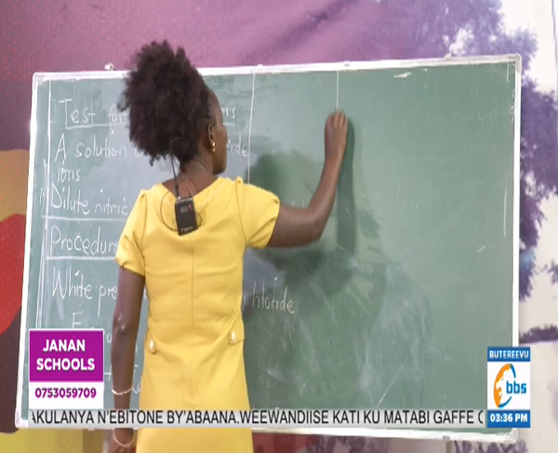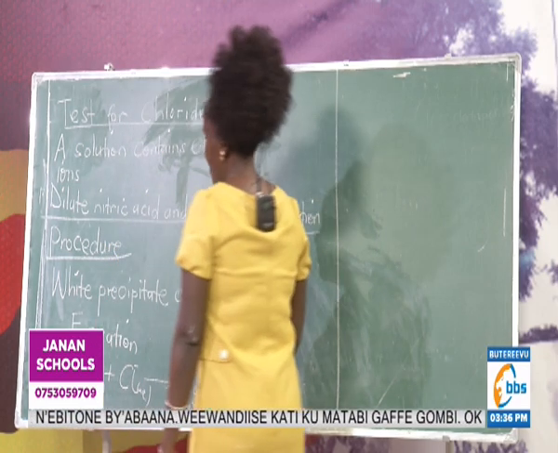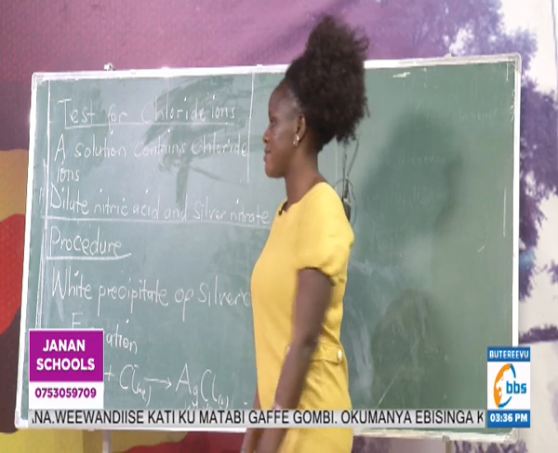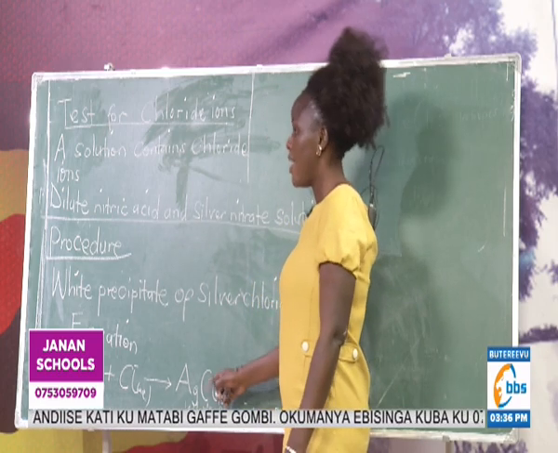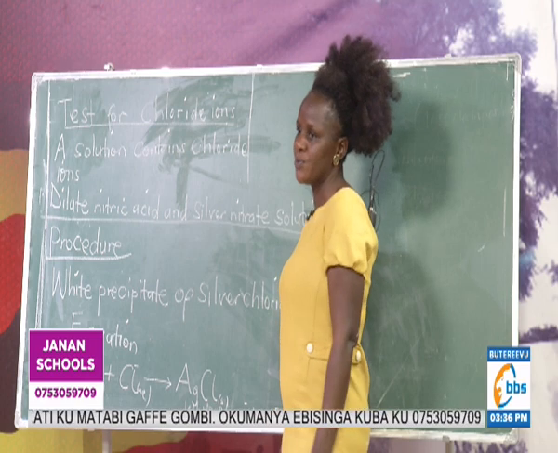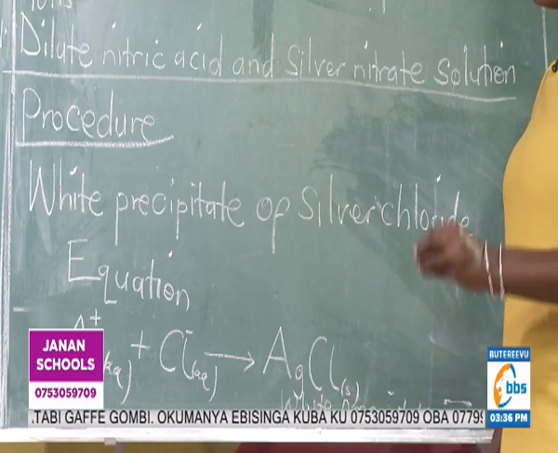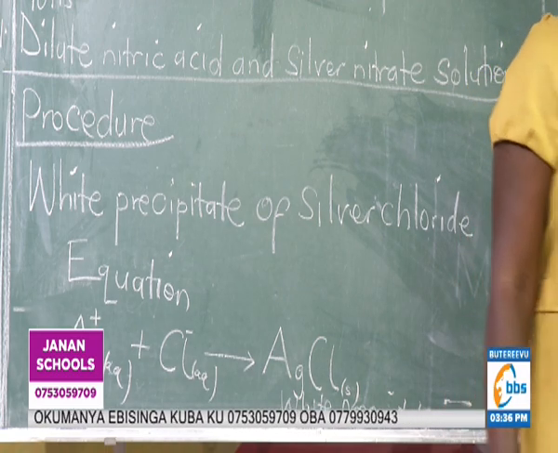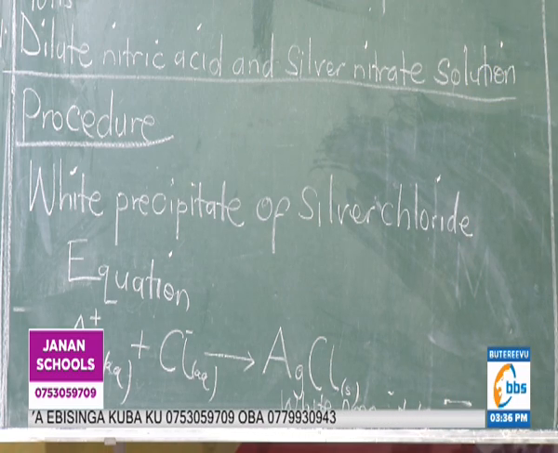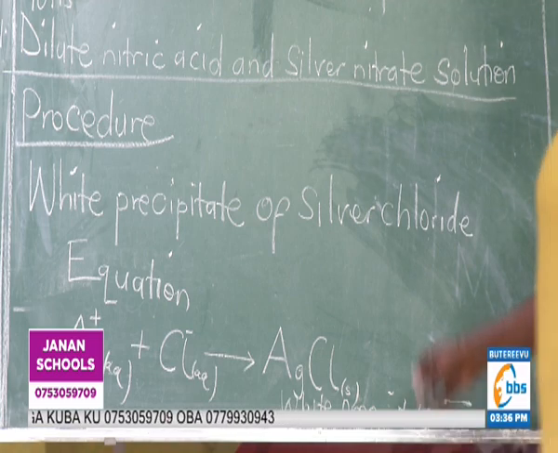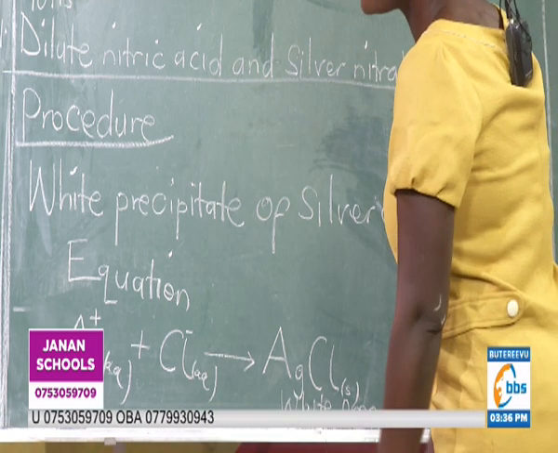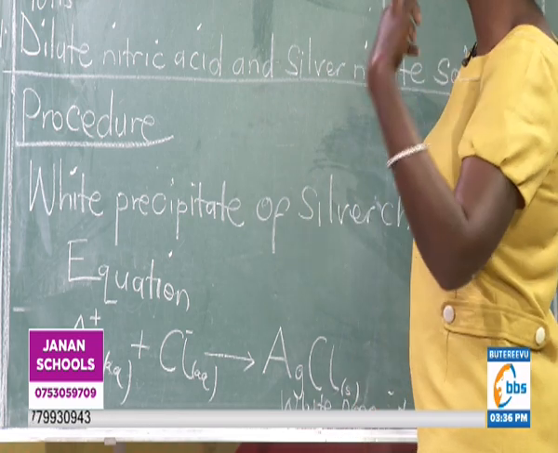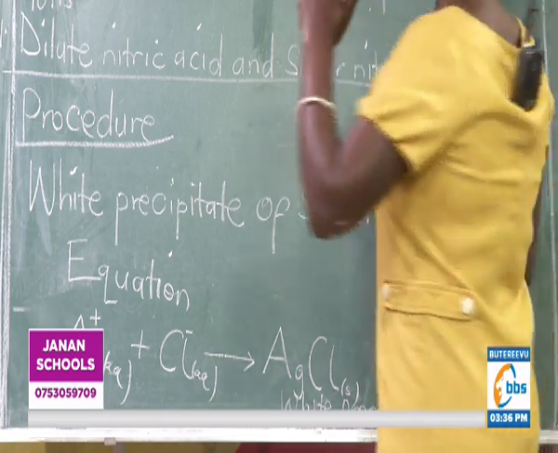Sometimes they may go further, that after you formed the white precipitate, they will tell you add drop-wise until in excess ammonia solution. And once you formed the white precipitate, but when you add ammonia solution or aqueous ammonia, and then you form a colorless solution, it means that the white precipitate dissolves to form a colorless solution. It means that indeed that solution contained chloride ions.